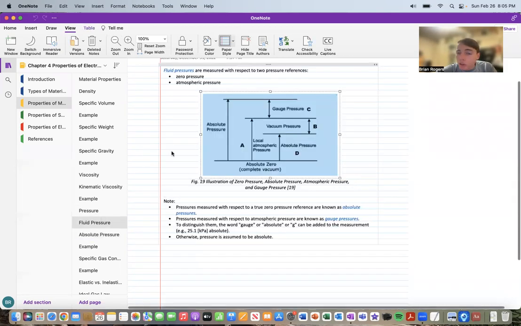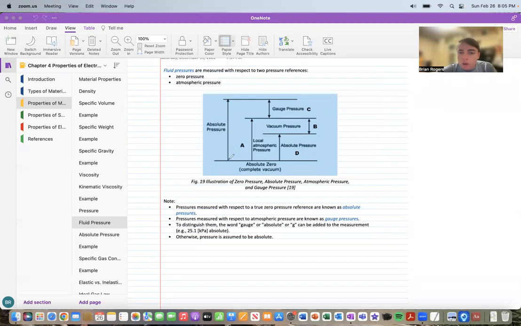So notice in the fluid pressure diagram, when we had our absolute here, and then we had our atmospheric pressure, the difference between these two was the gauge pressure right here. That's what gauge pressure is referring to.